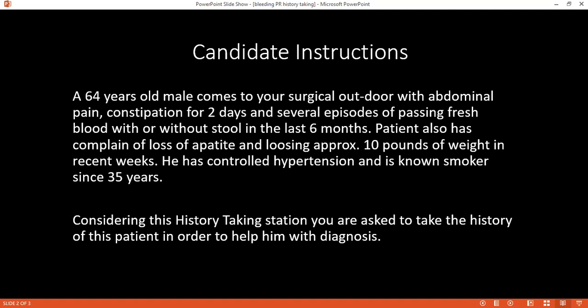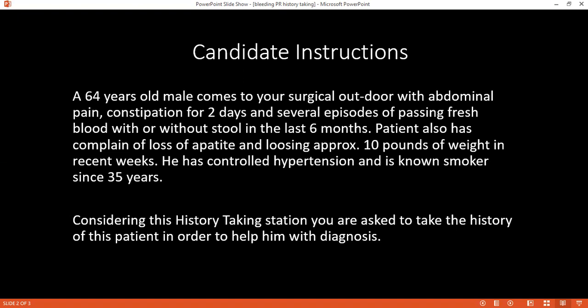Okay. Now you can summarize your history. This 64-year-old gentleman has abdominal pain and constipation for 2 days, and he has many episodes of fresh red blood, which is not associated with pain during defecation, but sometimes there was pain in the abdomen.